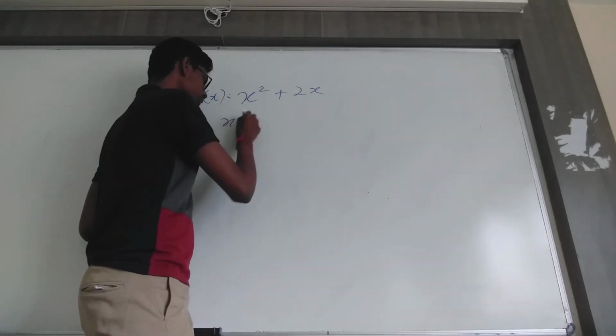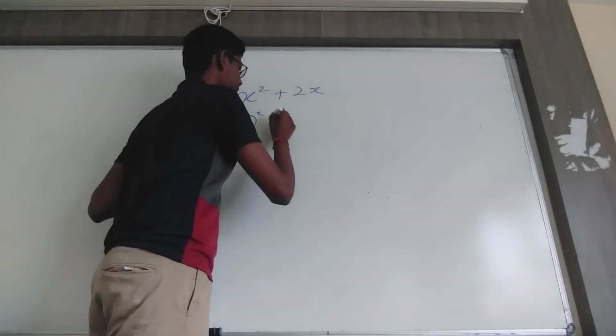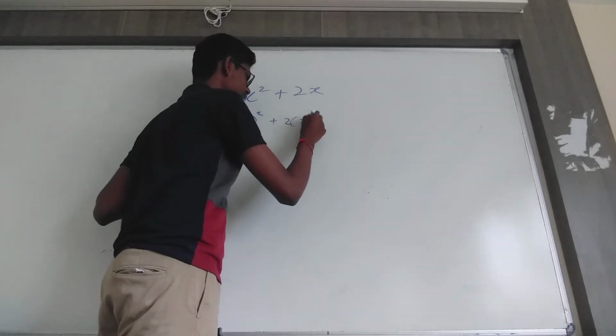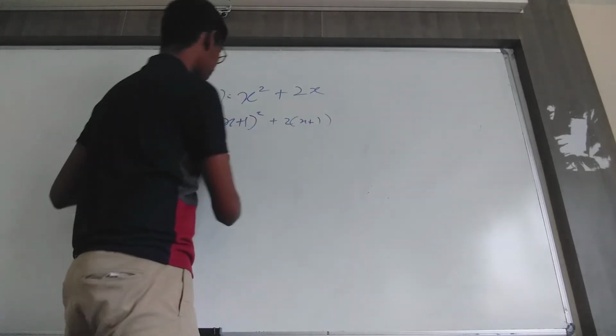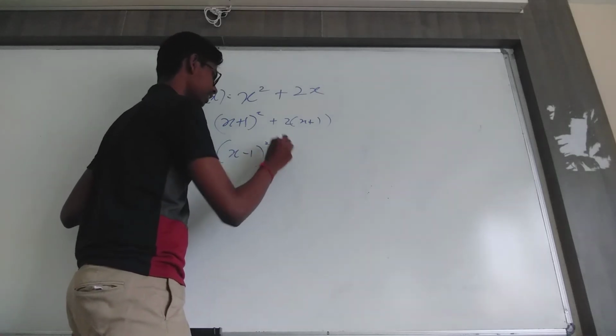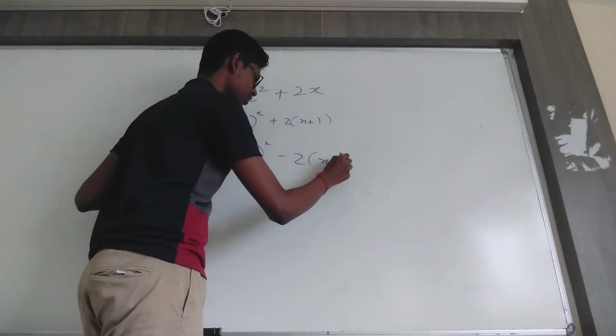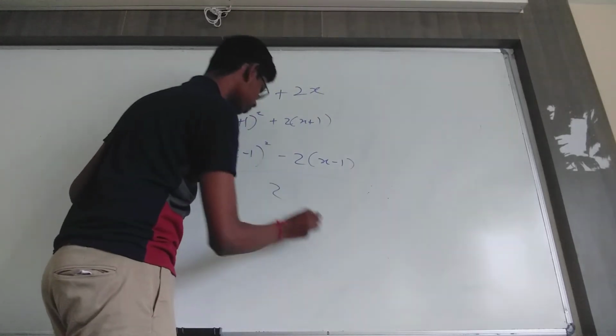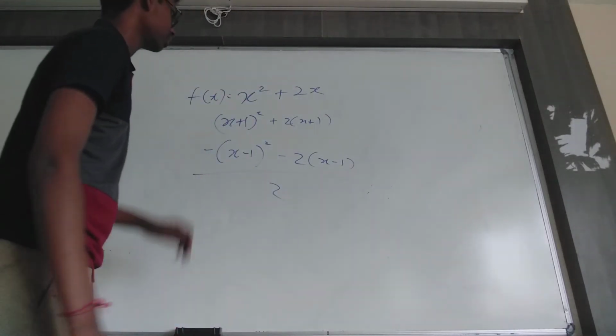So (x plus 1) whole square plus 2x plus 1, minus (x minus 1) whole square, minus 2x minus 1, divided by 2, or the average of these two changes.